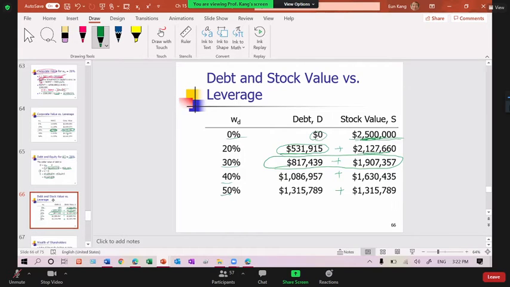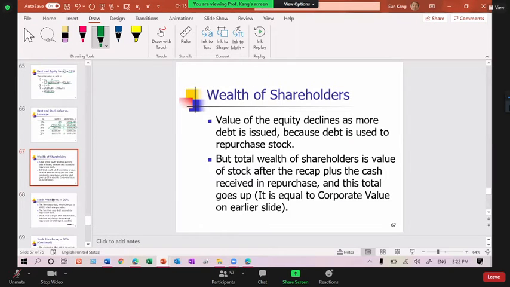Okay, so this is a very good exercise. You just do it one by one and check when the stock price is highest, at what percentage. So now let's think about the wealth of shareholders. The value of the equity declines as more debt is issued, right?